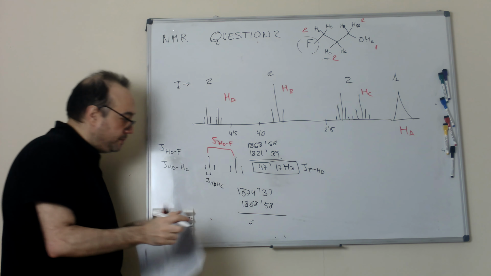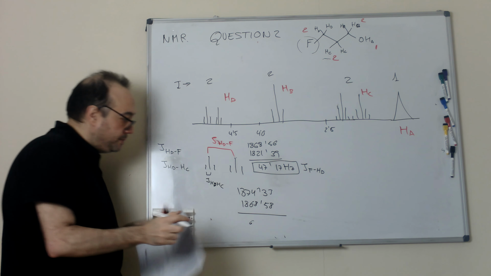Basically, the technique that we are using in order to solve these problems is, first of all, we identify which protons we have in the starting molecule. With the integration, we try to see which signal can be assigned directly, and then we analyze the coupling tree of each proton separately, and we assign the signals to each proton by its coupling tree.